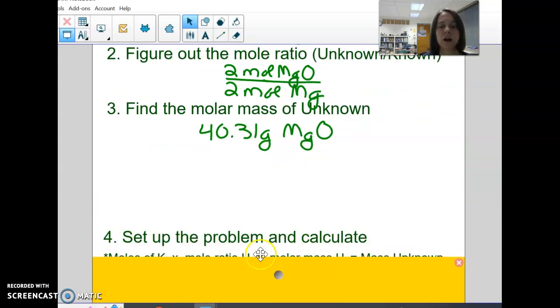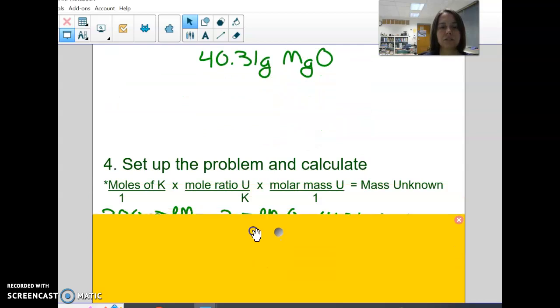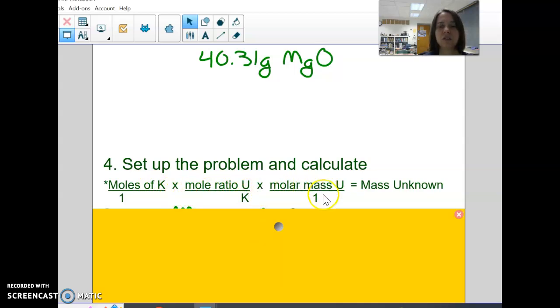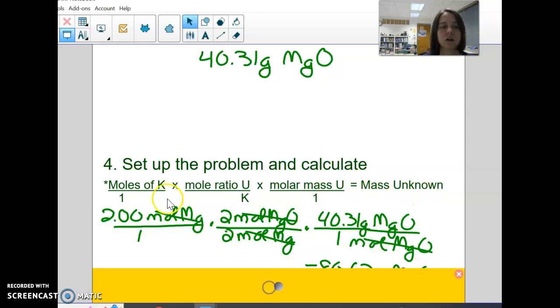So we're going to set up the problem and calculate. You have your moles of your known times your mole ratio times your molar mass of your unknown equals your mass of your unknown. So our moles of known was 2 moles of magnesium over 1, times our mole ratio from our balanced chemical equation, 2 moles of magnesium oxide over 2 moles of magnesium.